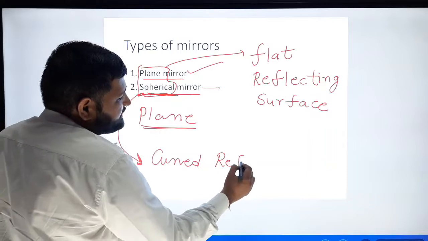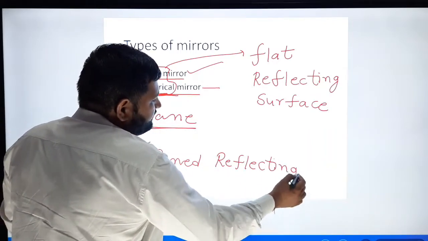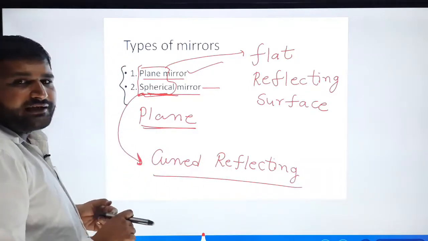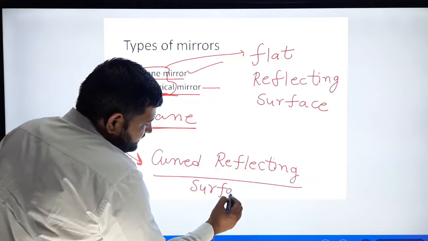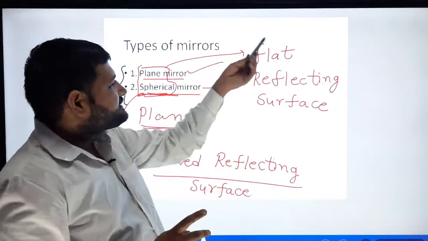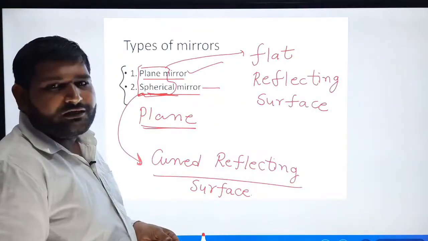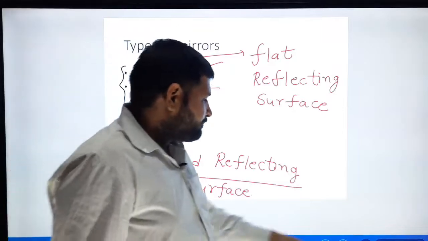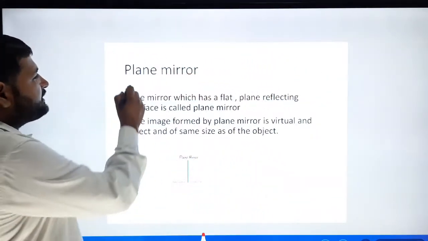So plane mirror has the flat reflecting surface, while the spherical mirror has curved reflecting surface. Okay, so there are two categories of mirrors. First one is plane mirror, second one is spherical mirror. Now let's move on to the first category, which is plane mirror.